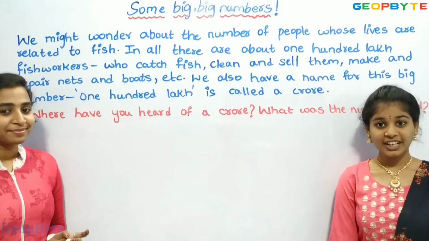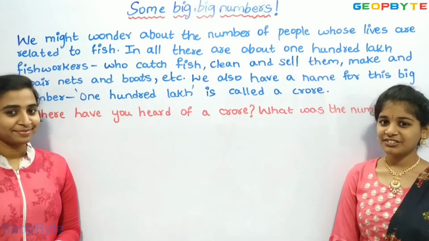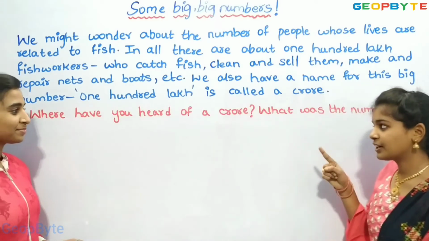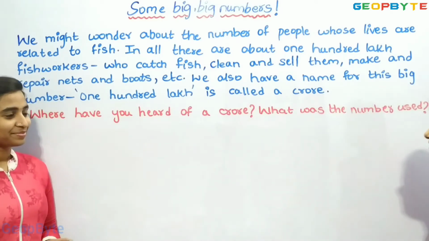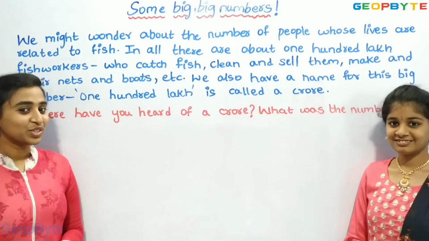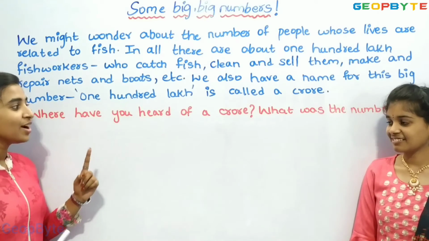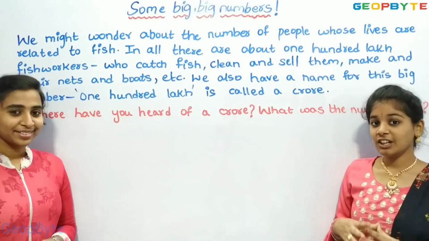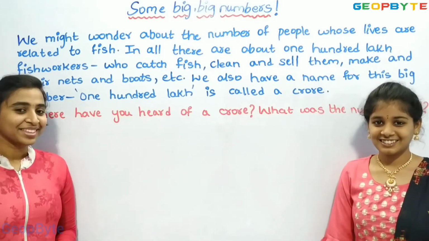Children, we have some questions. Let us see the first question. Where have you heard of a crore? What was the number used? Let us see. Children, it is given: where have you heard of a crore? Hey, the population of a country will be in crores.